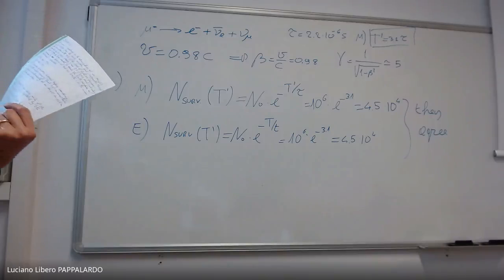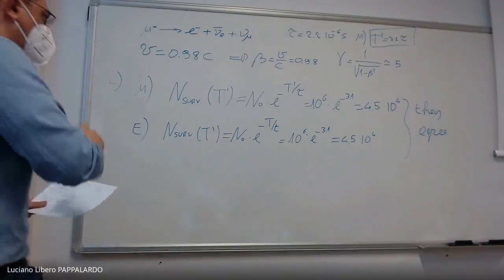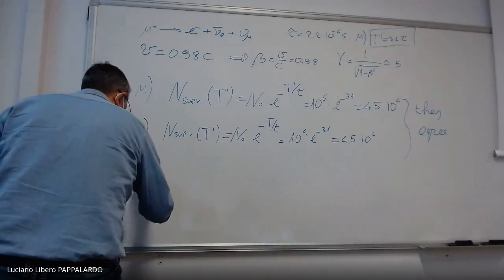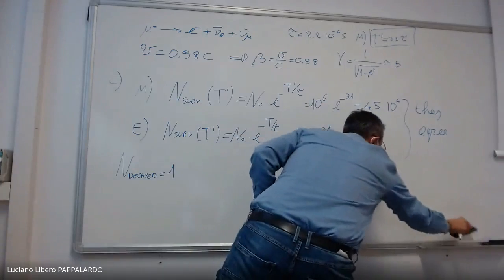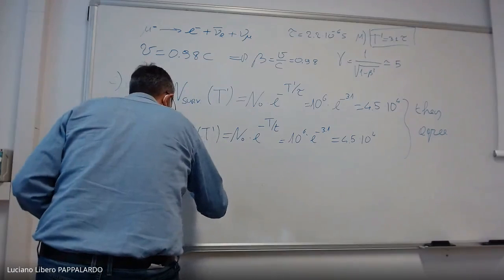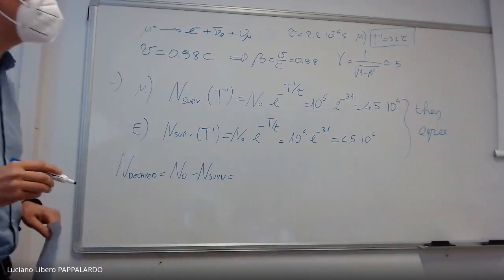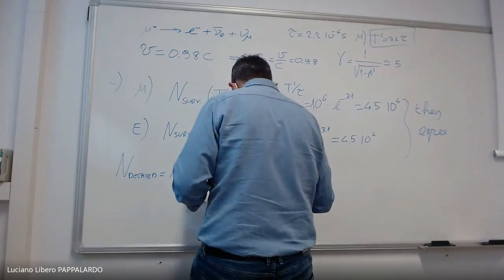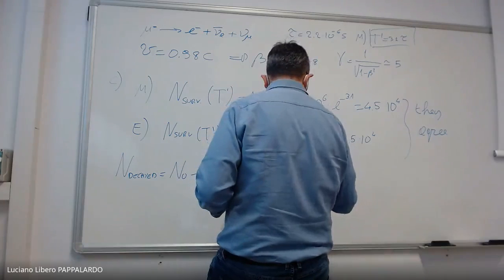Now, the question was actually to calculate the number of muons that have decayed, so the complement of this. So the number of muons decayed is just the number of muons that have been produced, so N0, minus those that survived. Okay, so in both cases, we're going to have 10 to the 6 minus 4.5 times 10 to the 4.